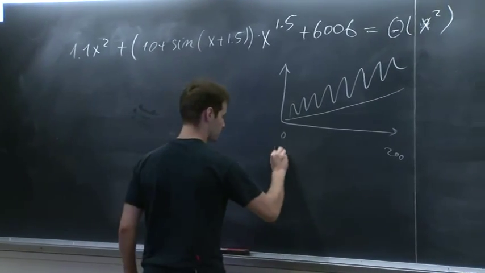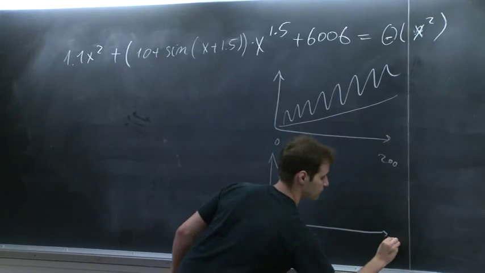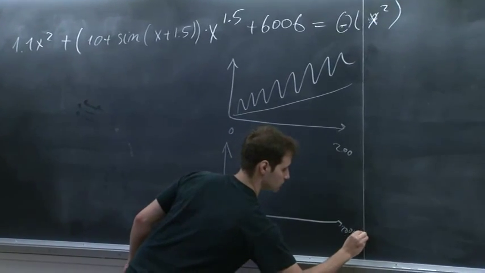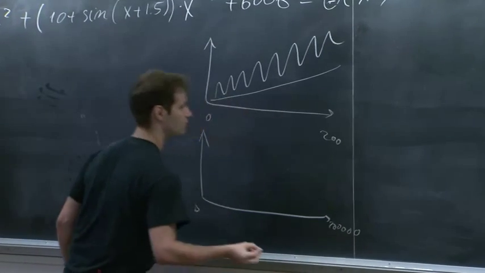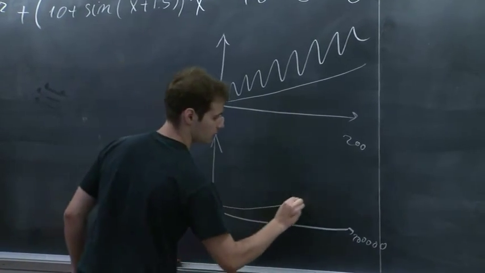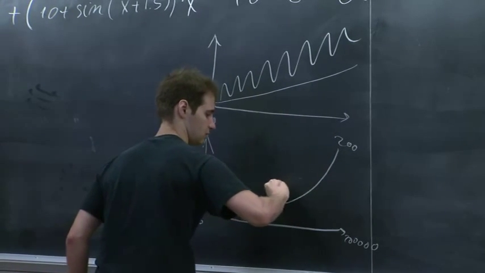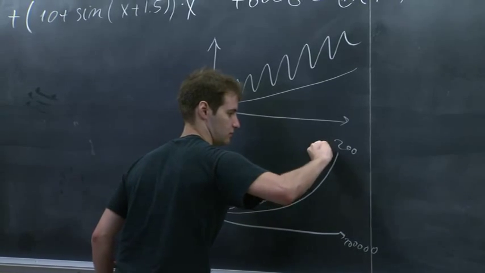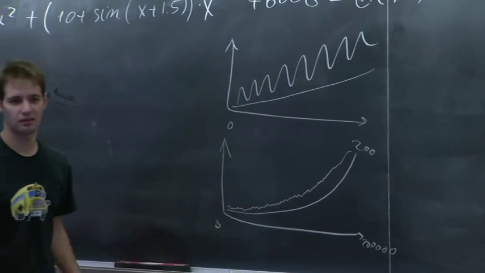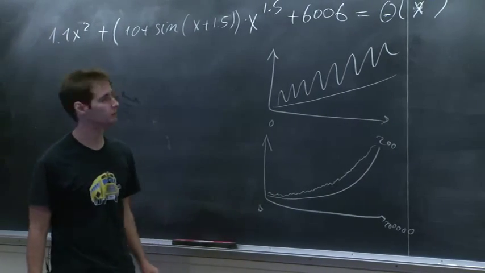However, if I make my scale 0 to 200,000, to make sure that it's going to be correct, x squared looks like this, and this function looks like this. And as you make the scale bigger and bigger, you can't even see this noise anymore.